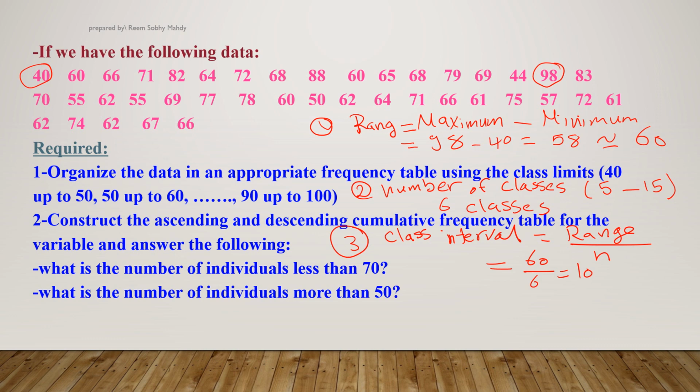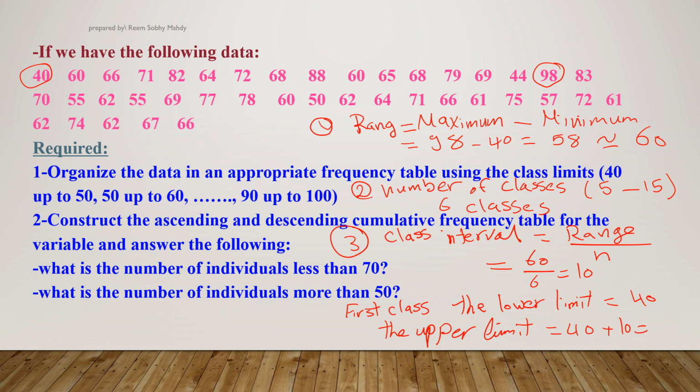We will have 6 classes. For the first class, the lower limit of the class equals the minimum value in the data, which is 40, and the upper limit of the class equals the lower limit plus the class interval, which is 40 plus 10, so the upper limit of the first class is 50.